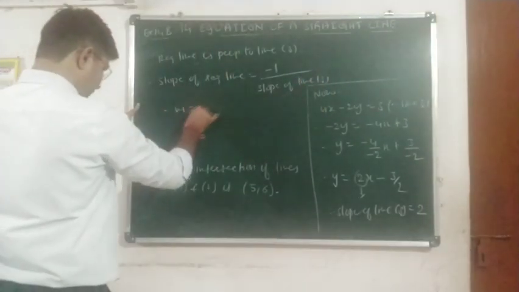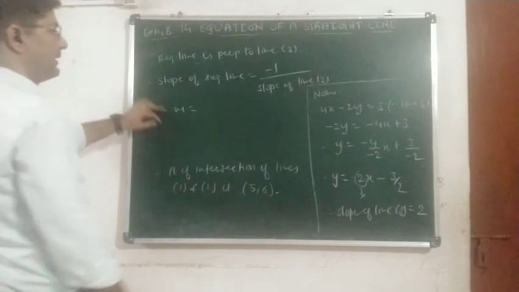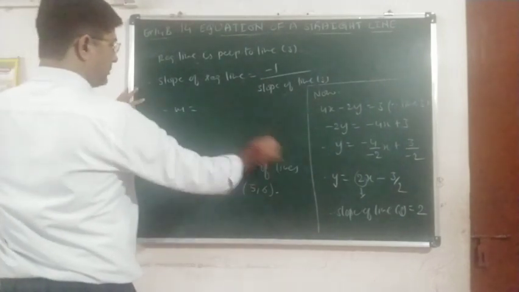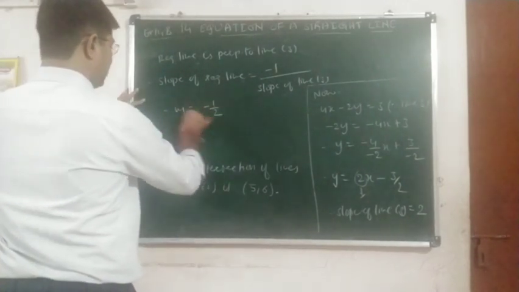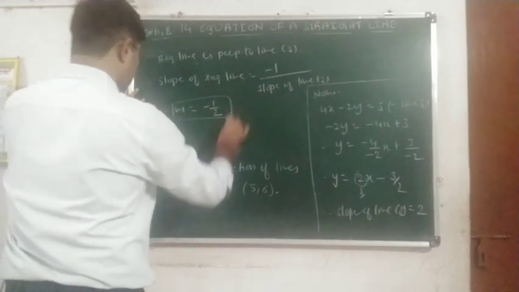The required line's slope, which we denote by m, will be equal to the negative reciprocal of 2, which is minus 1 upon 2.